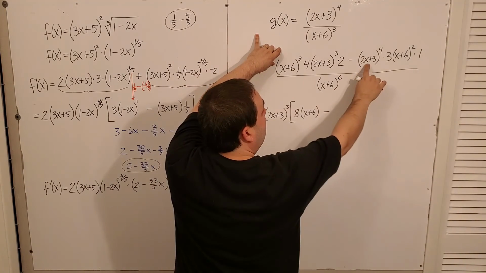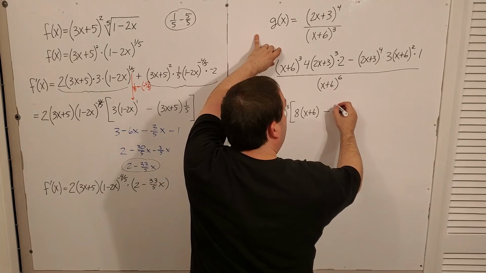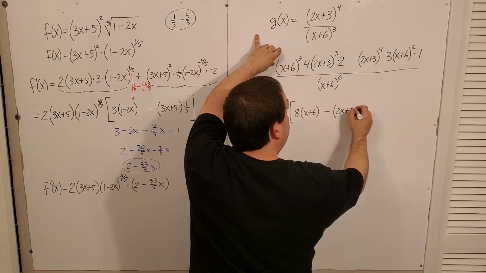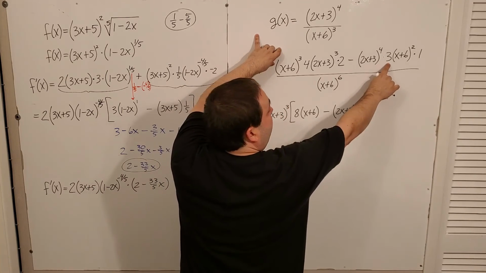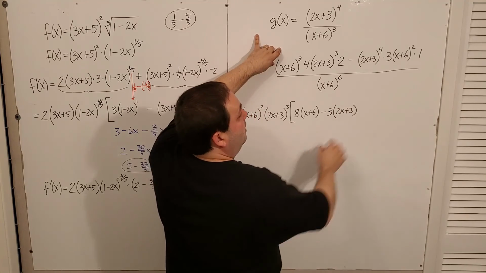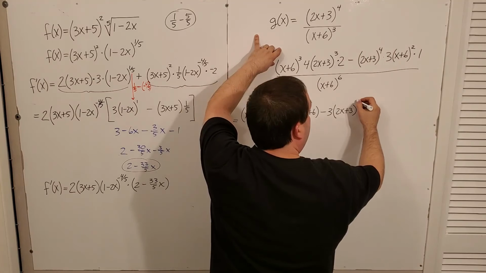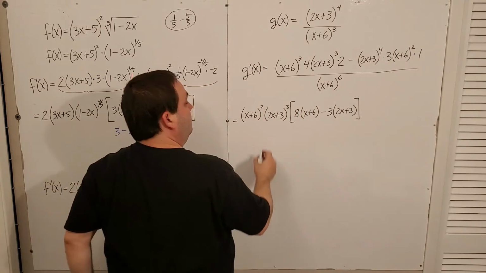Minus 2x plus 3 to the 4, I took 3 of them, so I'm left with a 2x plus 3. The 3 should still be there, so 3 is still there. x plus 6 squared, I took both of them, so that piece is gone, and times 1. All right.